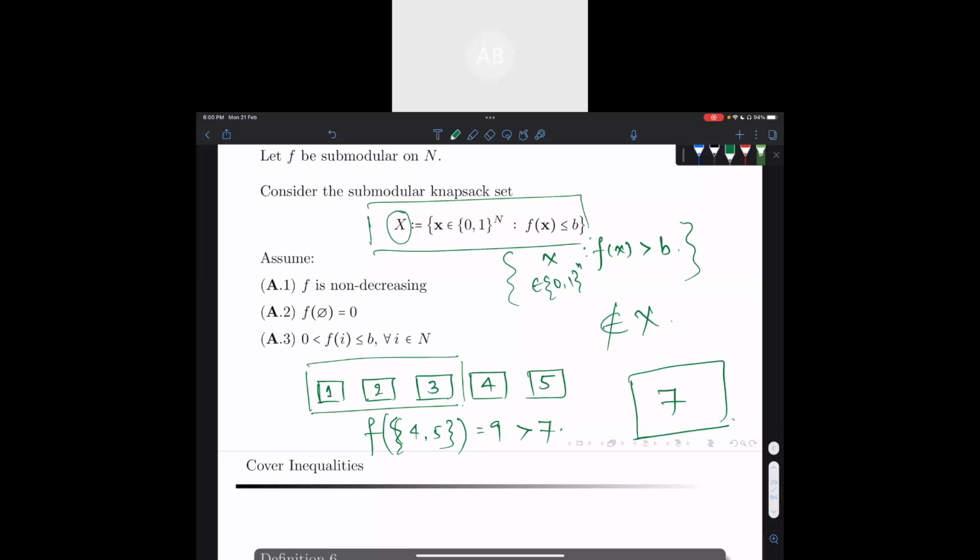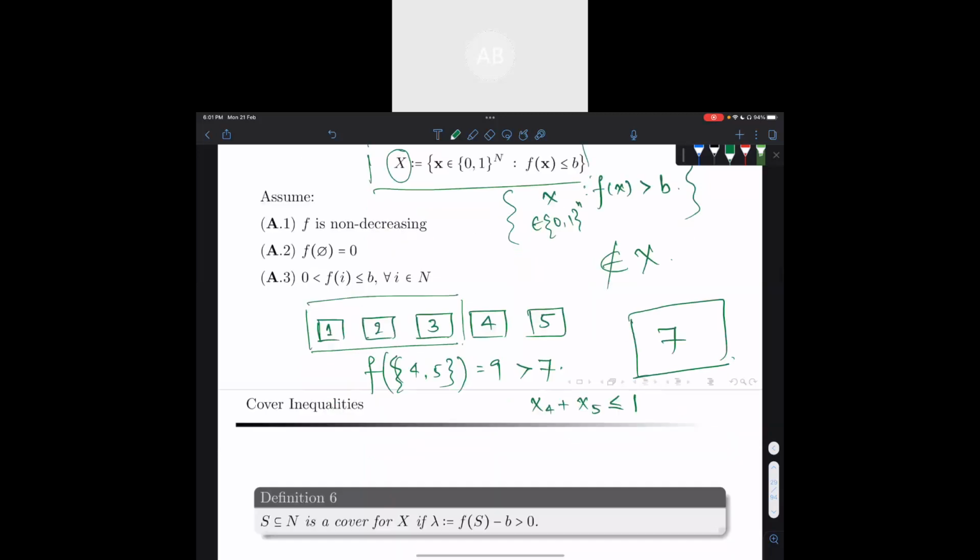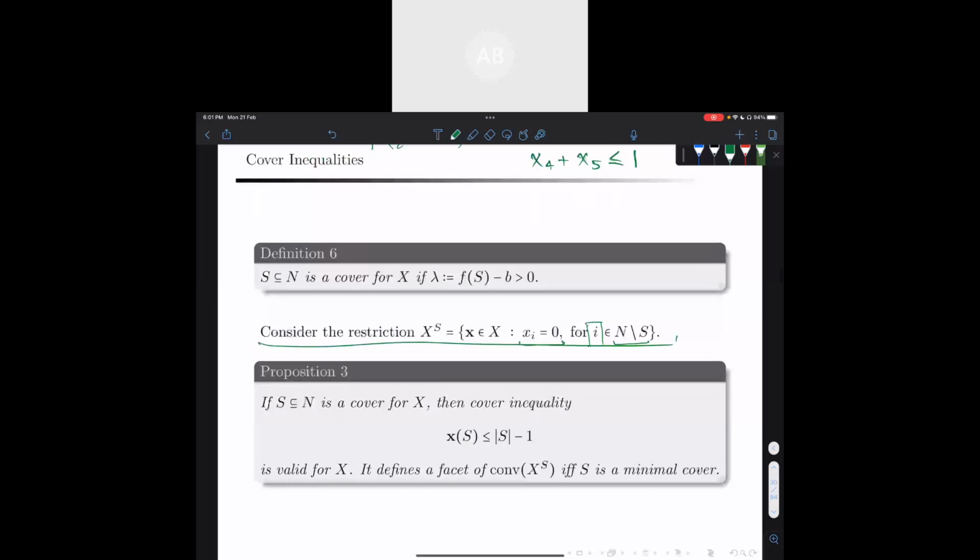You have to say that at most one of them can be one, right? They both can't be one simultaneously. Because if they're both included, then that will never lead to a feasible solution. So we define these inequalities.